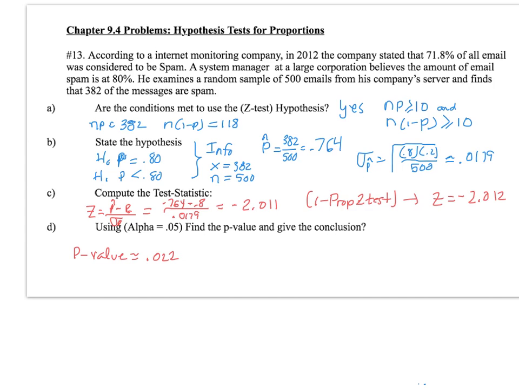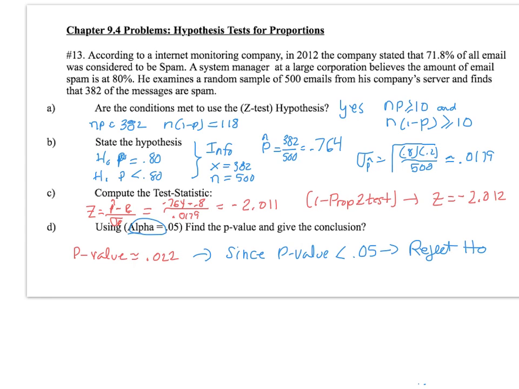And so alpha in this case is 0.05, so since our p-value is less than 0.05, we reject H naught.